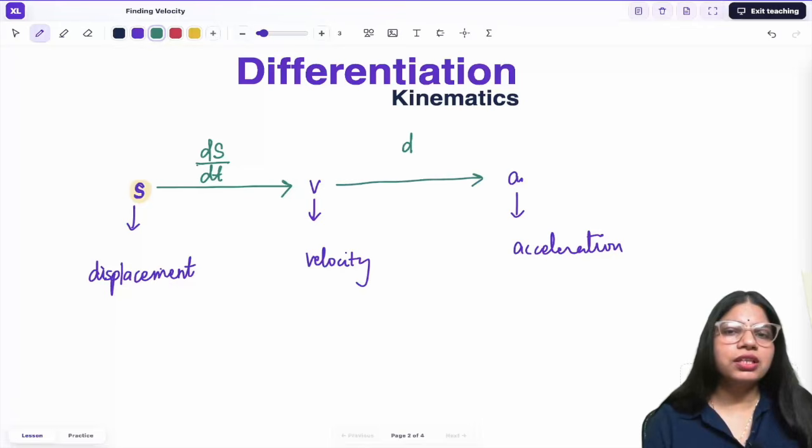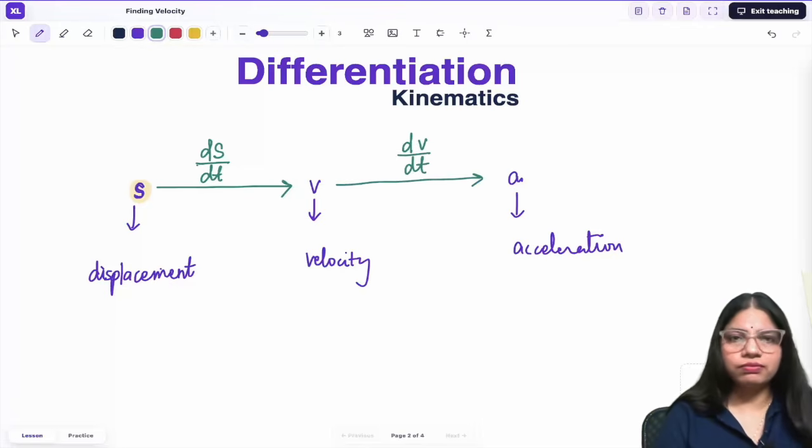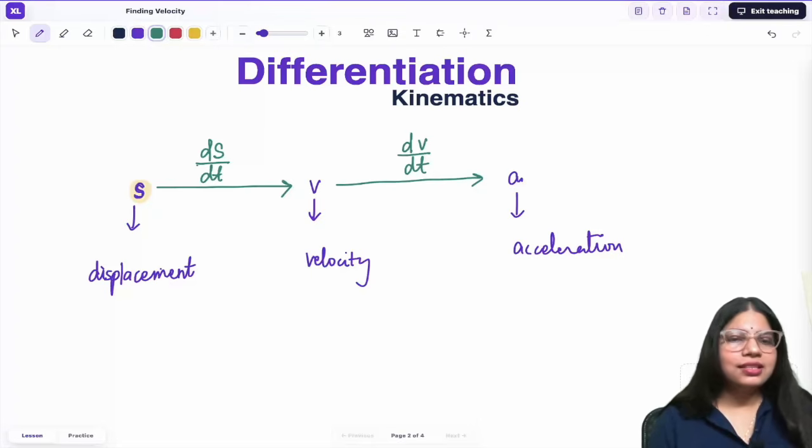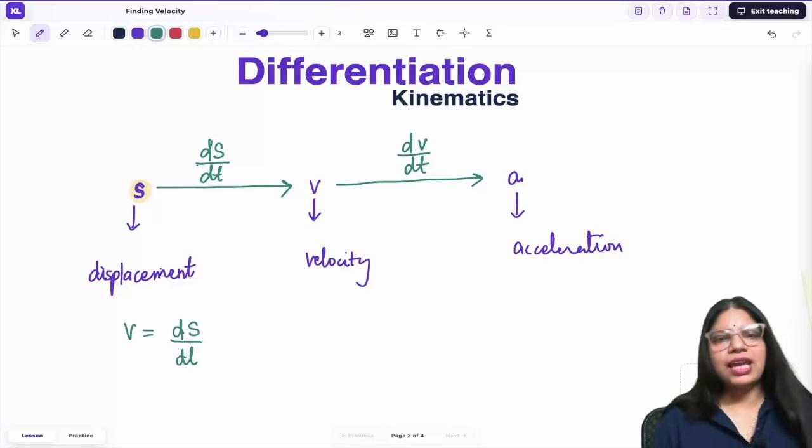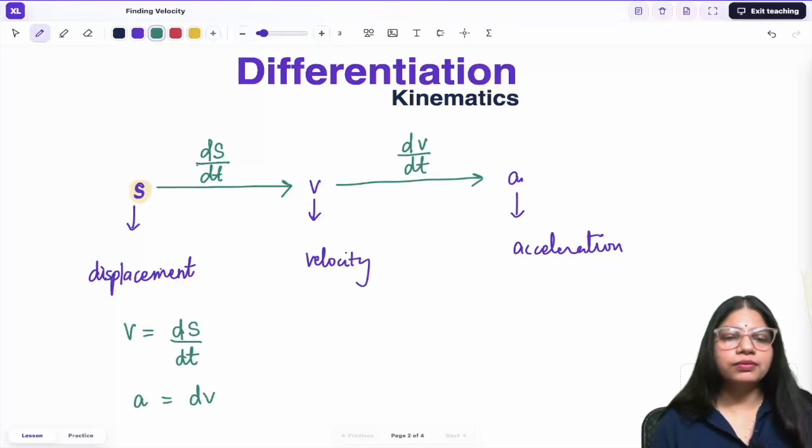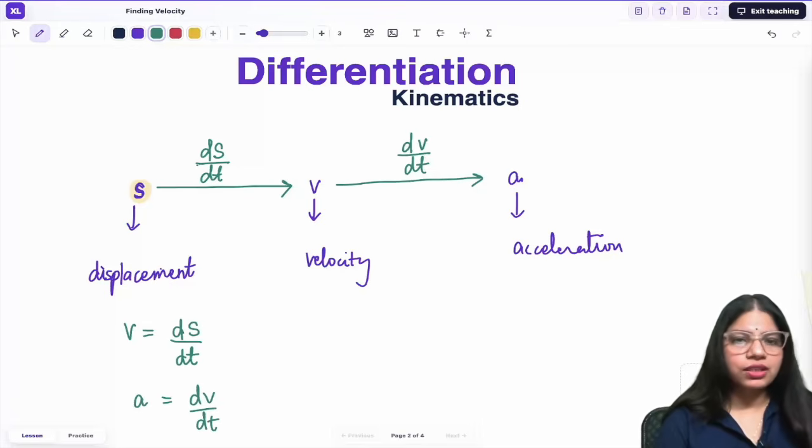So if we differentiate v with respect to t, we get acceleration. Does that make sense? S is the displacement. How will we get v? V is nothing but just differentiating S. And how do we get acceleration? Just by differentiating v in terms of t.